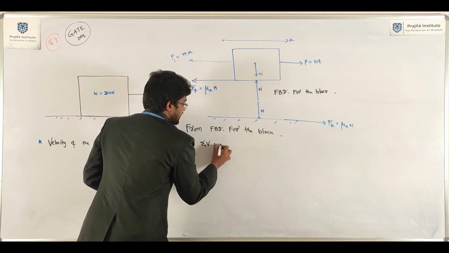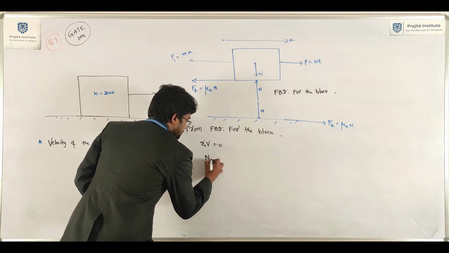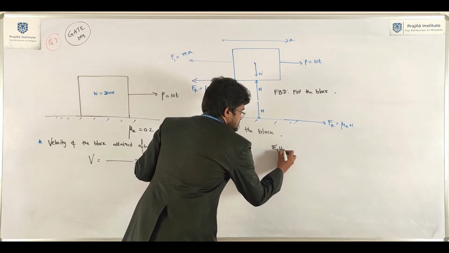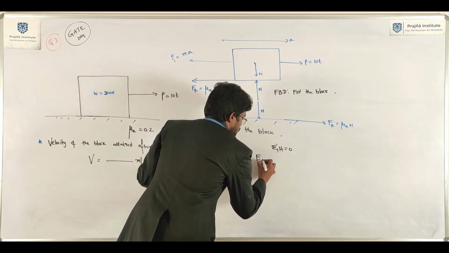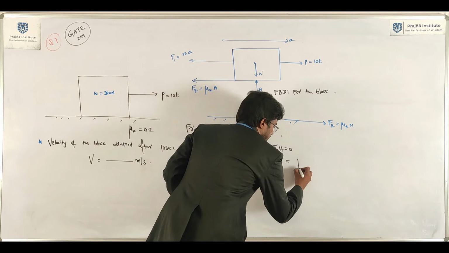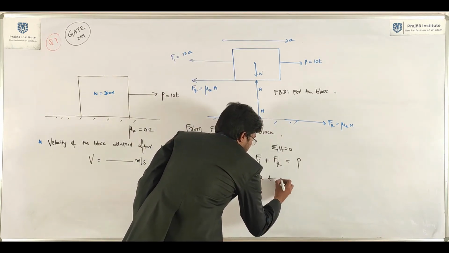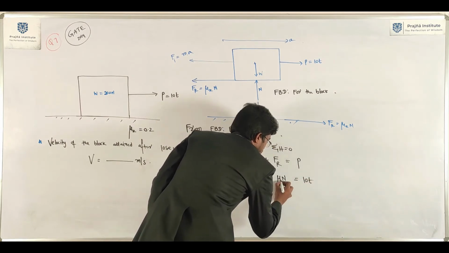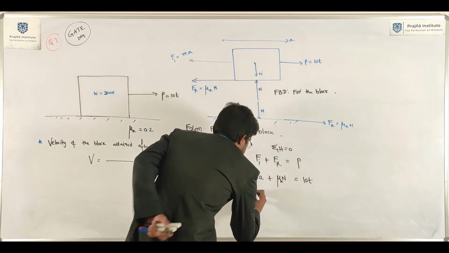Sigma V equals 0. In this case, N equals W, of course. Sigma H equals 0. Here, inertia force plus frictional resistance equals P. Now, mass into acceleration plus mu N equals 10t. This is the kinetic coefficient of friction.